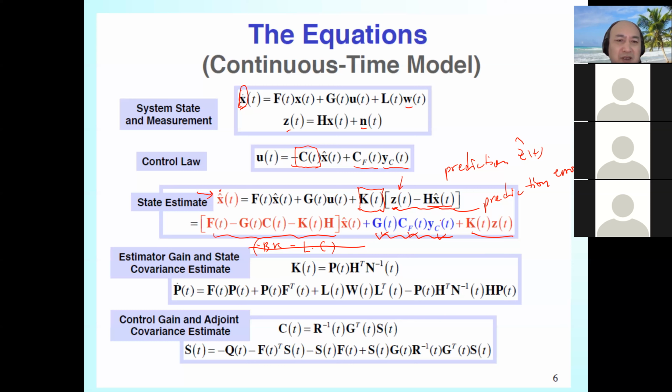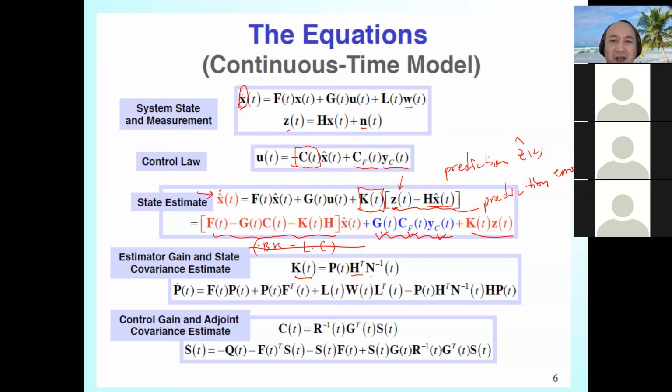So what is the estimator gain? The gain is time varying, okay? And it turns out that it's connected to P, H is my B, N inverse, okay? What is N?